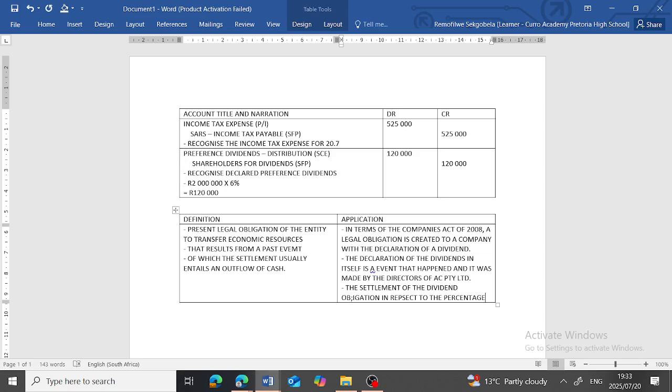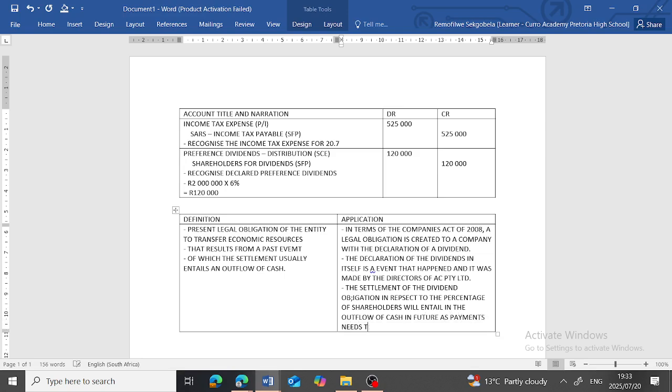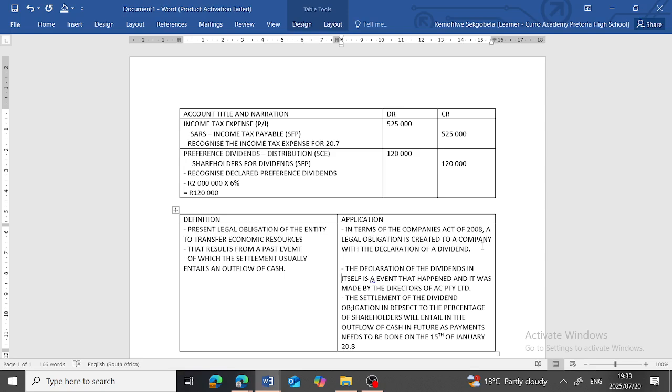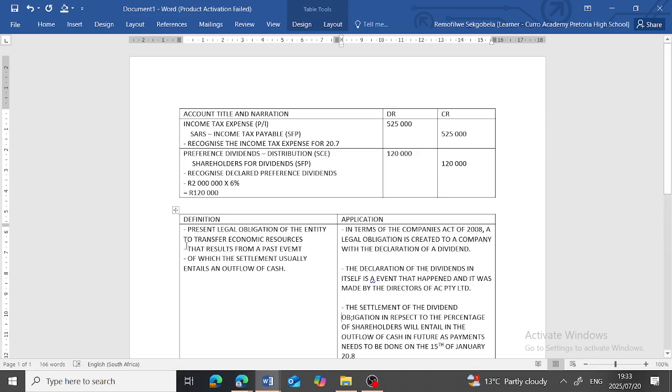The percentage of shareholders will entail the outflow of cash in future, as payment needs to be done on the 15th of January 2018. So maybe I can just separate these to make it easier.